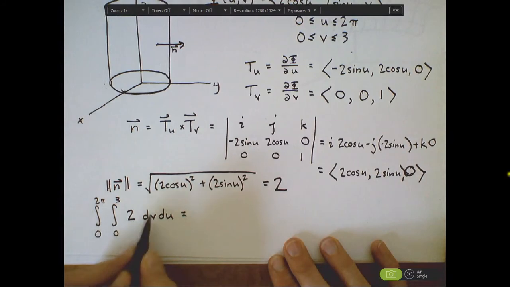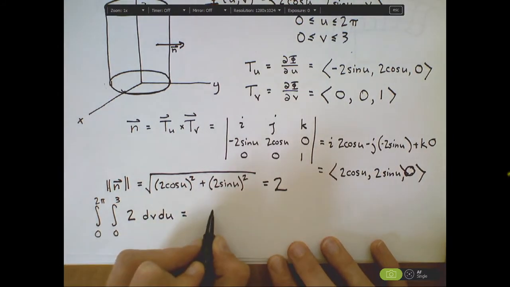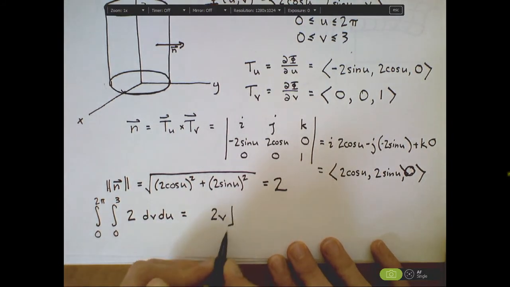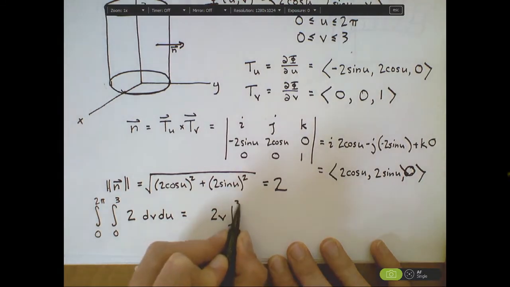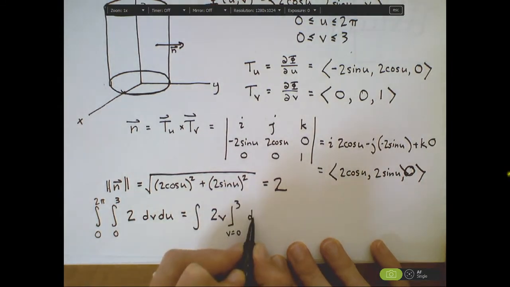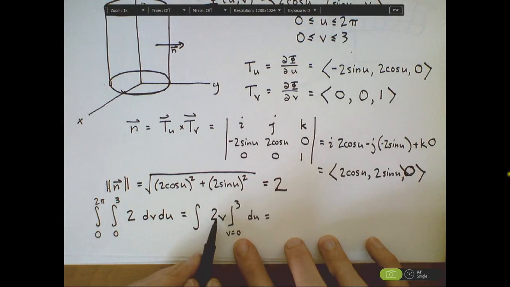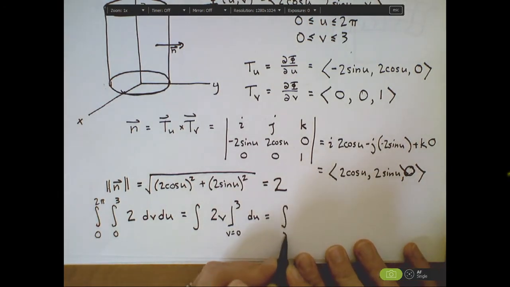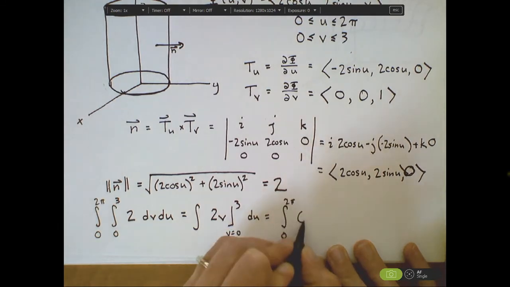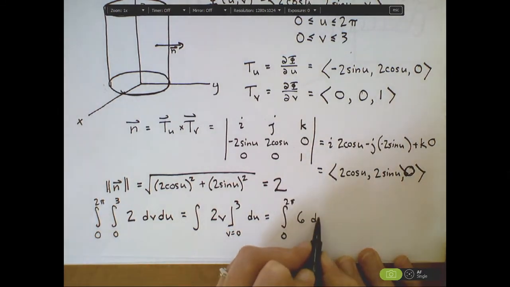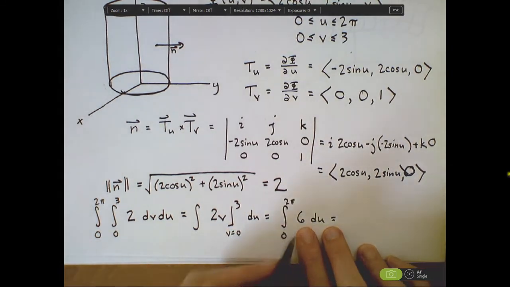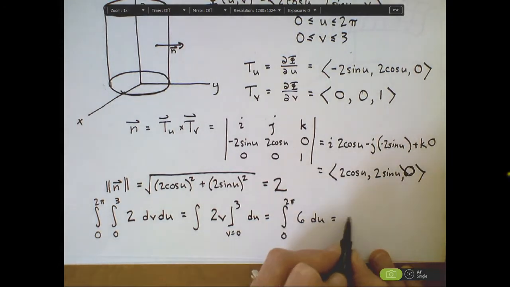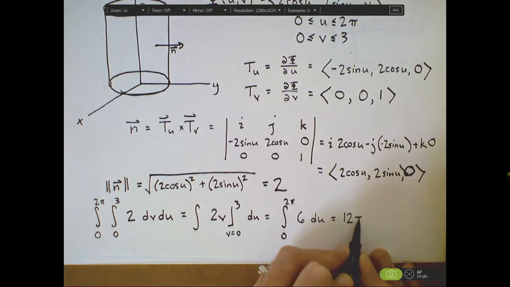Let's integrate with respect to v, and I get 2v evaluated as v goes from 0 to 3. We still have our du there. So that becomes 6. So now I'm integrating from 0 to 2 pi of 6 du. And that becomes, I'm skipping some steps in my head, 12 pi.